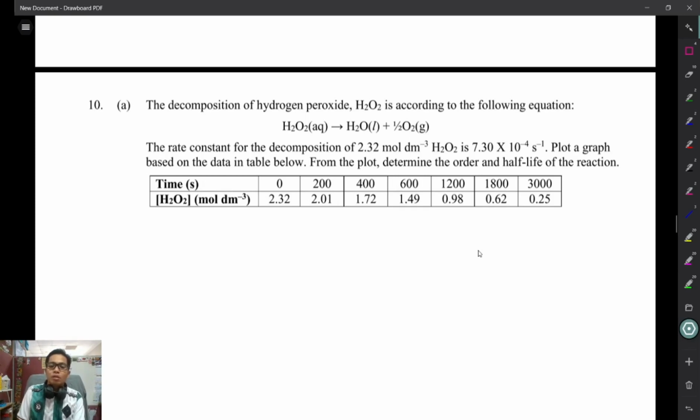Decomposition of hydrogen peroxide is according to the following equation. The rate constant of 2.32 molar H2O2 is 7.3 exponent negative 4 second minus 1. Plot a graph based on the data, and then from the plot, determine the order and half-life.